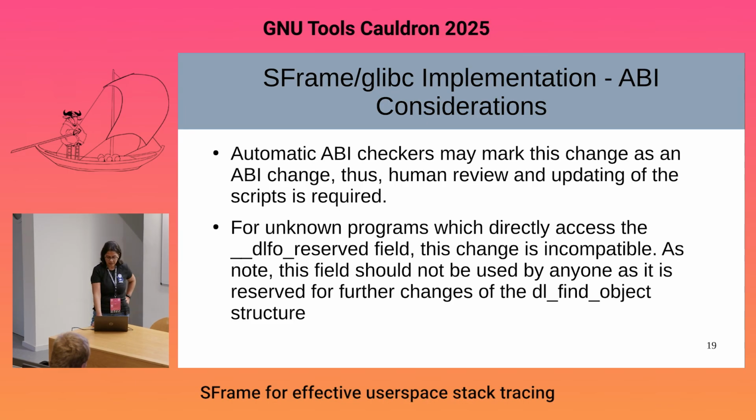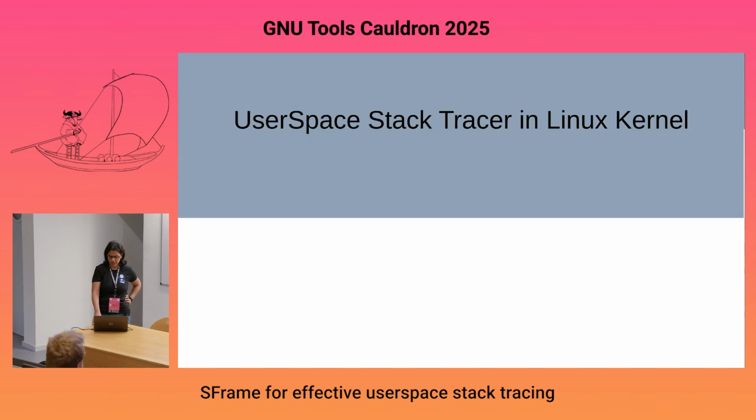So this is again by and large internal, but this is one of the notes that in case there are some ABI checkers which are trying to check any incompatibilities between different glibc releases, maybe this becomes a thing. This may get flagged, so just sort of a heads up.